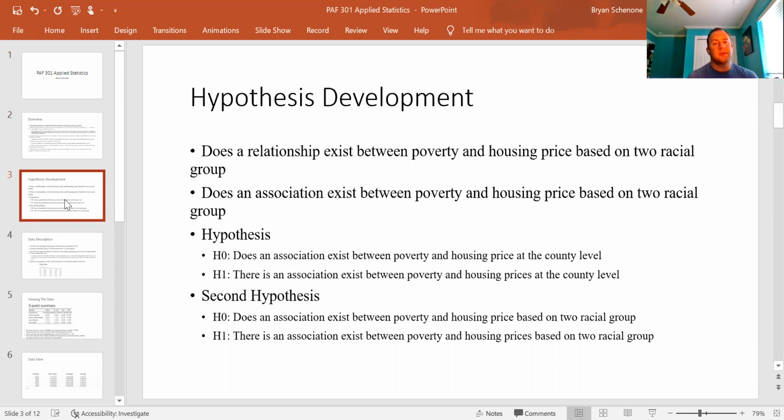So our hypothesis development: does a relationship exist between poverty and housing price based on the two racial groups? Does an association exist between poverty and housing prices based on these two racial groups?